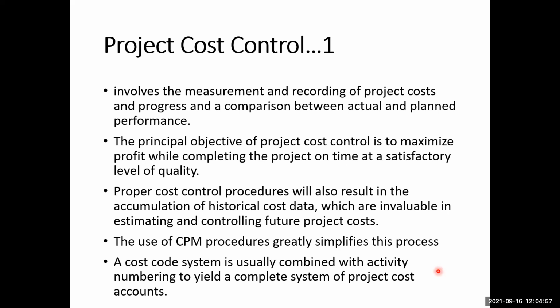For example, activity number 123 is associated with cost account number 235. Cost accounts will be based on material cost, labor cost, equipment cost, etc. So we can combine these two types of numbering systems, the activity numbering system and the cost accounting system. This will result in an integrated picture of the schedule and the cost.